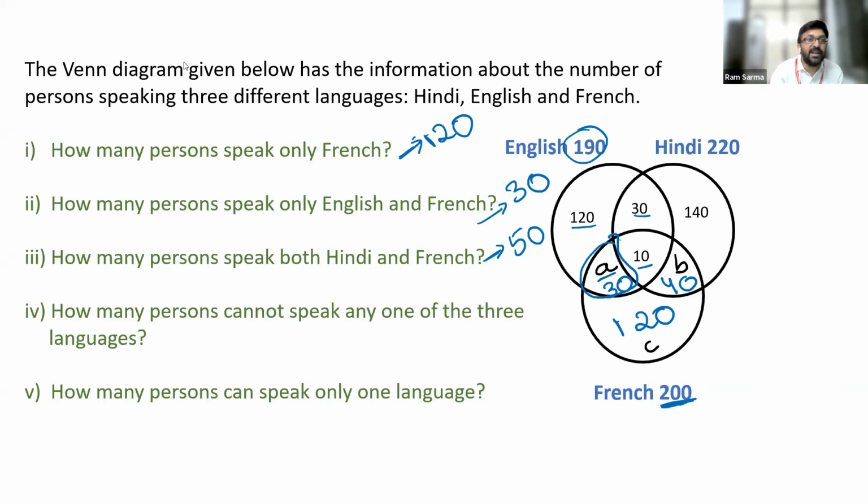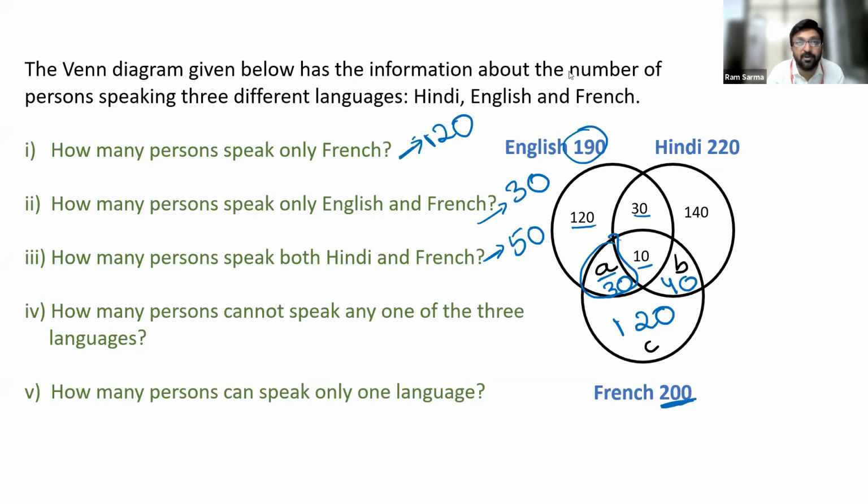Now, let us look at the fourth question. How many persons cannot speak any of these 3 languages? See, for this question, we cannot answer this. Your answer should be: cannot be determined, as required information is not given. Clear?